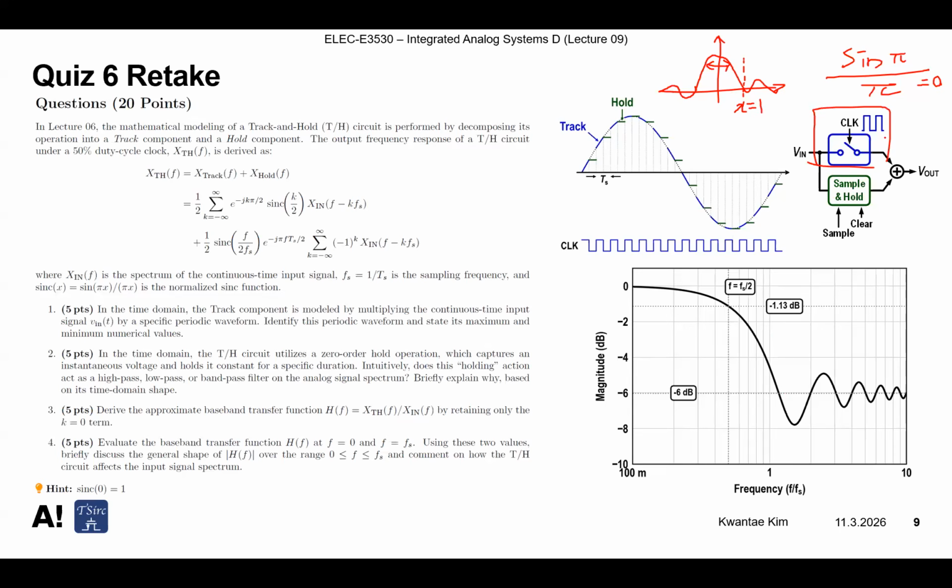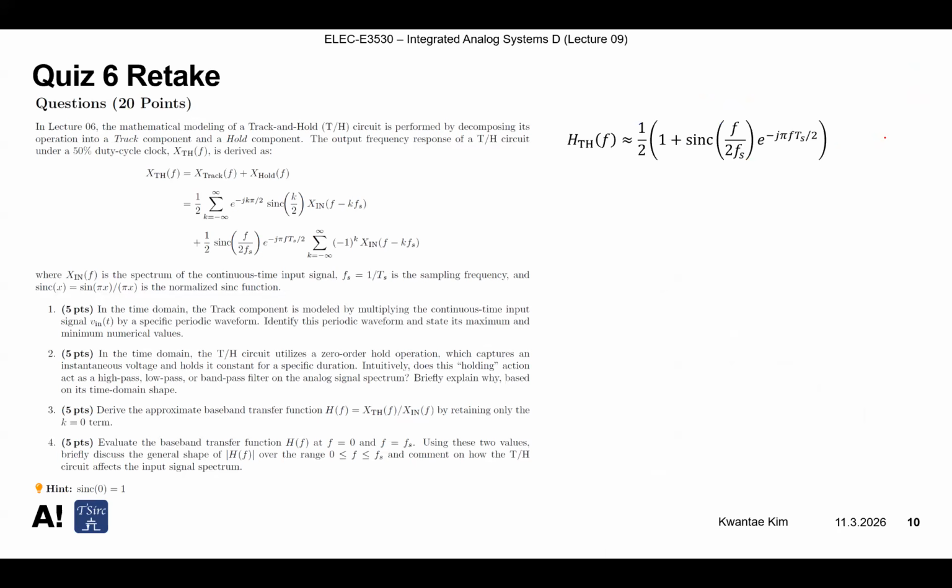And the next question: derive the approximate baseband transfer function H(f) times X_in(f) by retaining only the k equal to 0 term. So the answer is this, right? We already went through how to derive it. You can also do this by plugging in k equal to 0. Then this one goes to 1, and this one goes to 1.